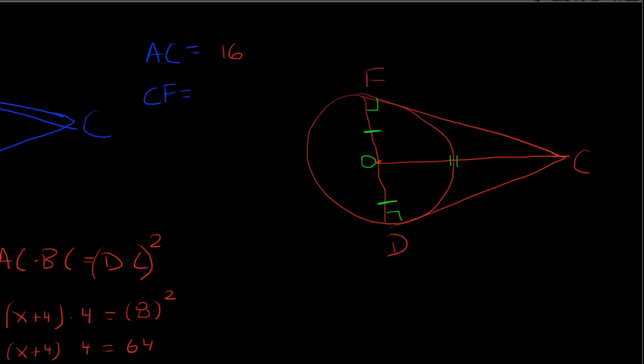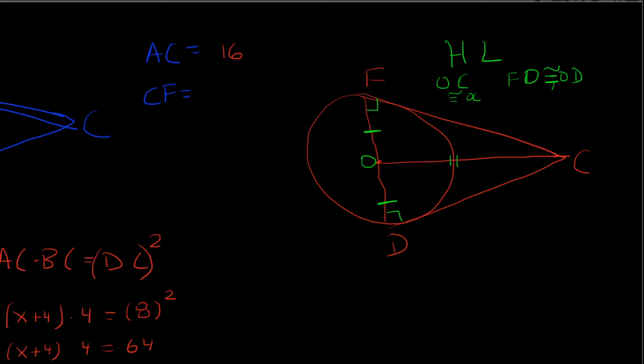So these triangles are going to be congruent by HL. Okay, the hypotenuse is OC. The two legs are FO and OD. And so those are congruent. Okay. So OC is congruent by itself, reflexive property.